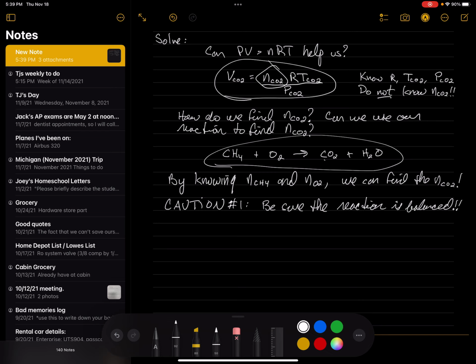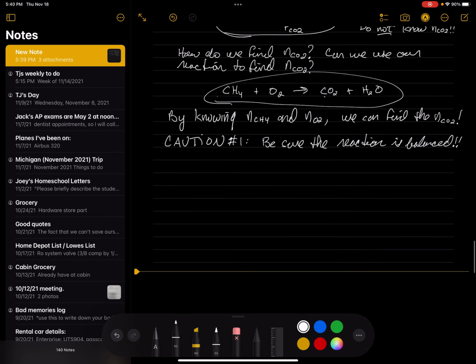Now, if I look at hydrogen, I have 4 moles of hydrogen atom for each mole of methane in my reactants, but I only have 2 moles of hydrogen atom for every 1 mole of water in my products. So my hydrogen is not balanced. Likewise, 2 moles of oxygen in the reactants, 2 plus 1, 3 moles of oxygen in the products. So I need to balance the reaction. So let's go ahead and balance the reaction.